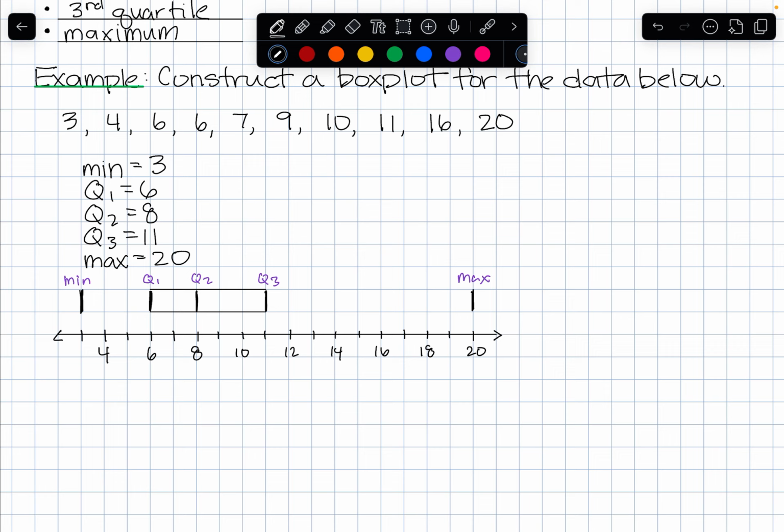The very last step is from the quartiles to the edges, I'm going to draw whiskers from the center out. You'll sometimes hear these graphs called box and whisker plots because I see a box and I see whiskers in either direction. Sometimes I think of cat faces because I see the little cat cheeks and then the whiskers coming off in either direction.